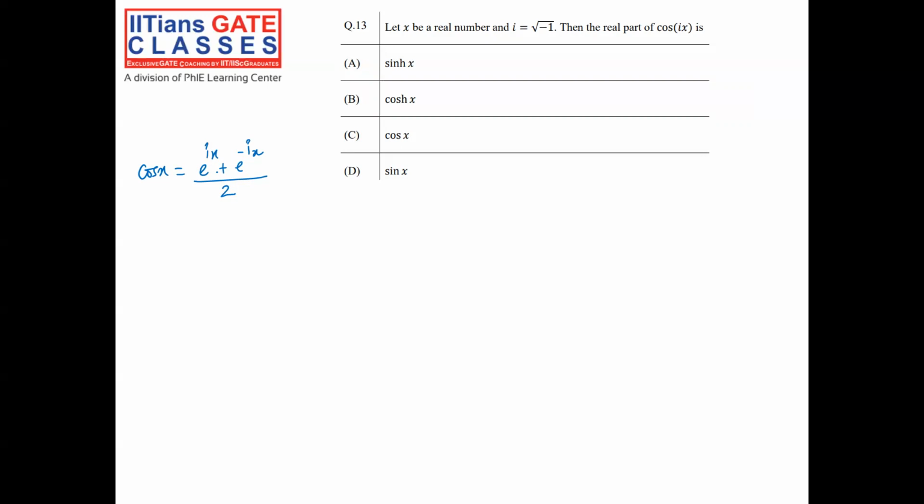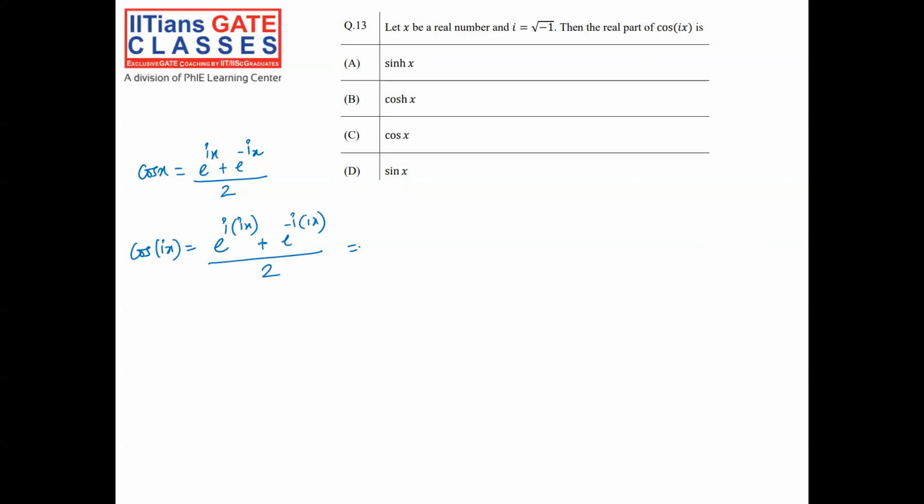So i sin x terms will get cancelled and we'll end up with 2 cos x divided by 2. 2 will get cancelled and we will get cos of x. But they are asking us cos of ix. So here if you write cos of ix into this equation, x has to be replaced with ix now. So it is e to the power i times ix plus e to the power minus i times ix divided by 2.